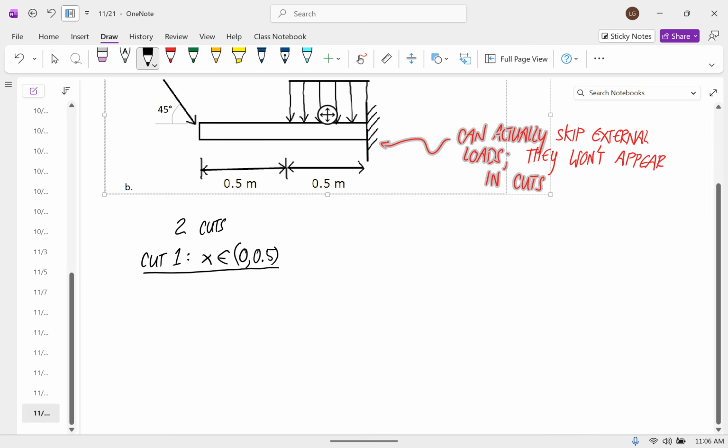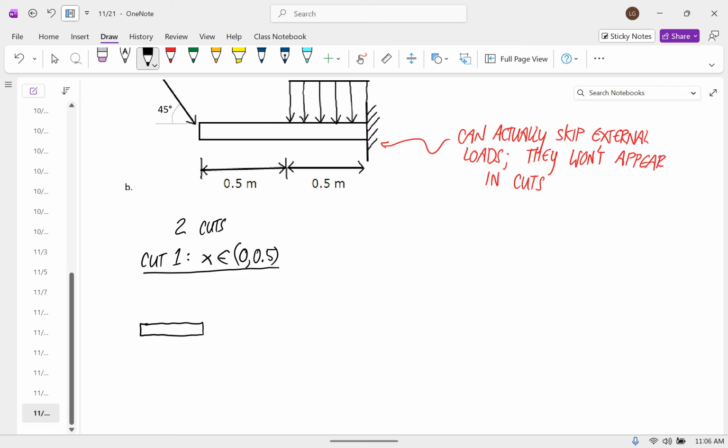Okay, so here's what we're going to isolate. We're going to isolate a piece like that. We're going to skip all this other stuff.